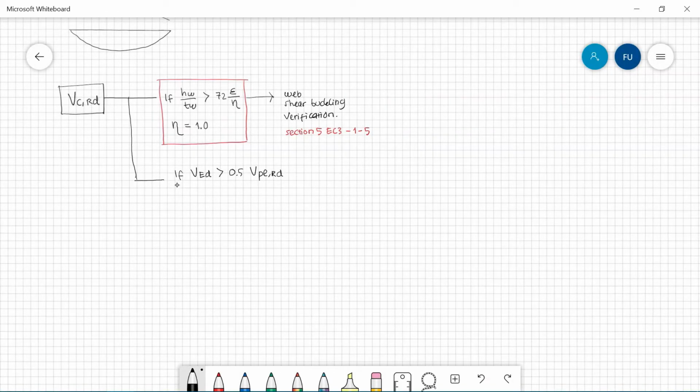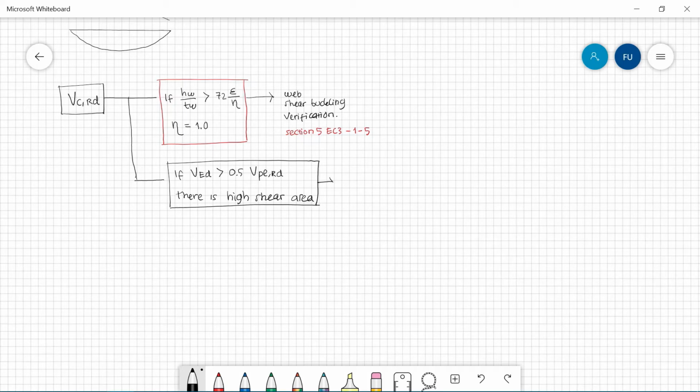So if VED is bigger than 0.5 V plastic RD, basically there is a high shear area.